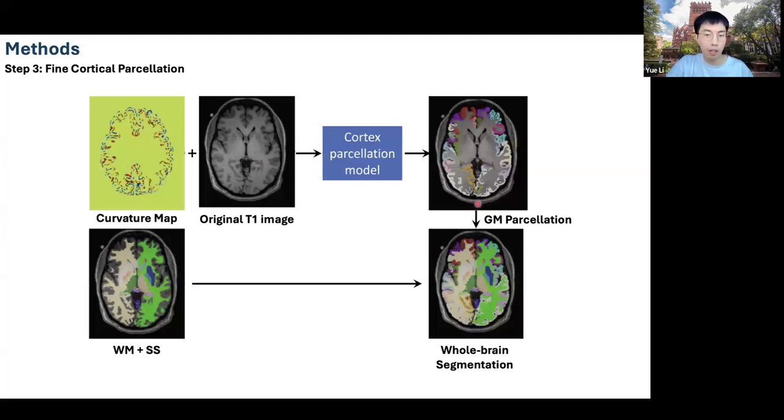Once the fine parcellation is done, they merge it with the white matter and subcortical segmentation from step 1. The result is a full whole brain segmentation that keeps the geometric accuracy of the surface-based method, but runs much faster, maybe in minutes instead of hours.